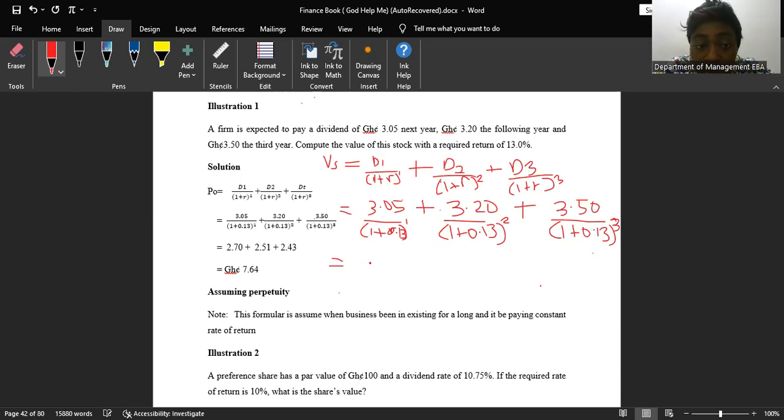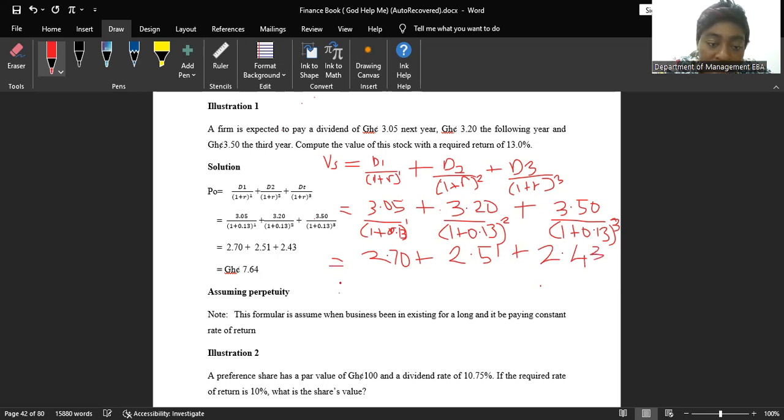But to be fast, this will be 2.70, plus this will be, plus this will be 2.43.